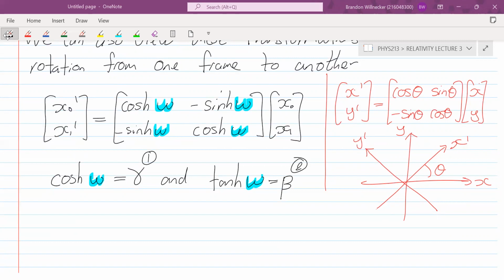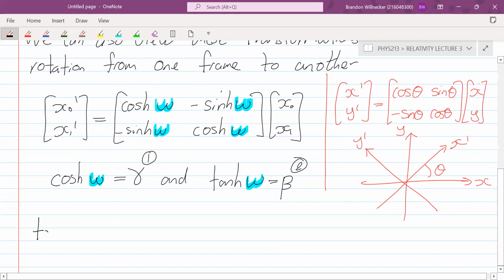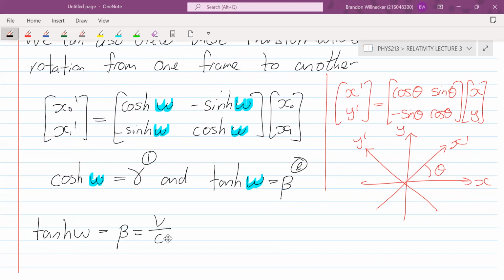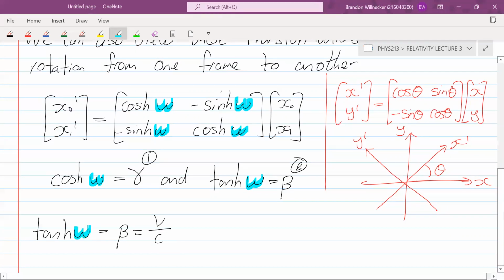Because remember, hyperbolic tan of omega is equal to beta, and we defined that as v over c. So this gives us the relationship between this new thing that we called omega and the standard velocity that we know.